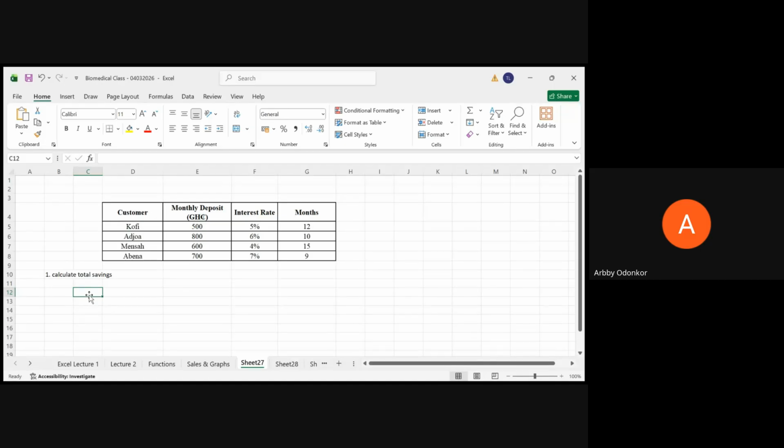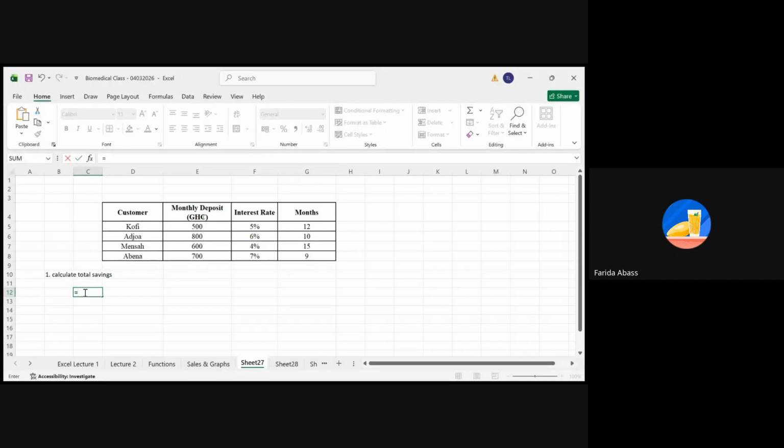We multiply the monthly deposit by the number of months. So in formula form, how are we going to do it? In formula form, to be equal to... Equals.